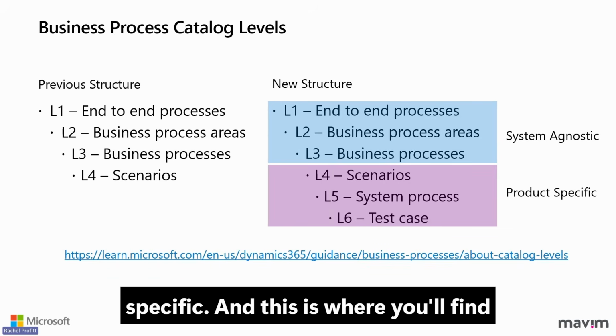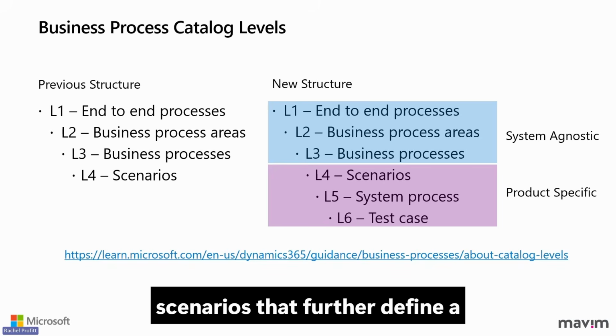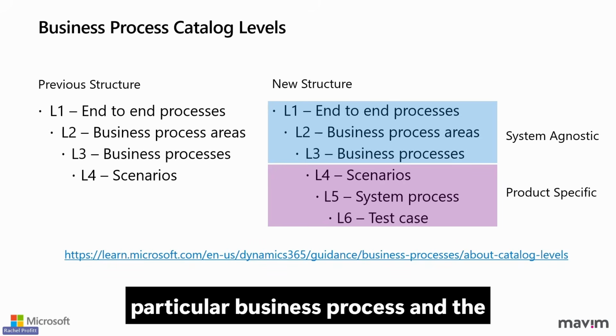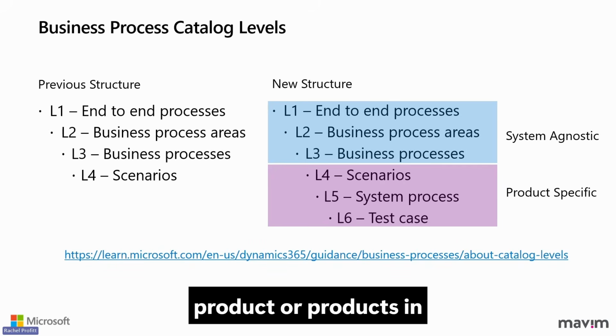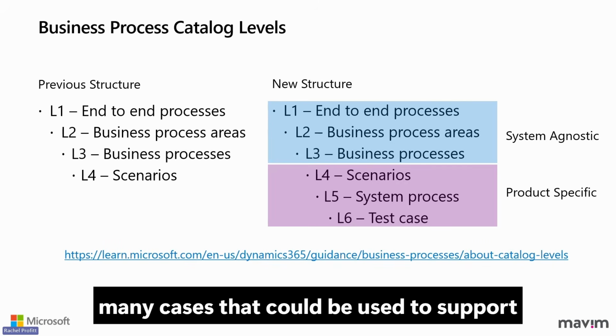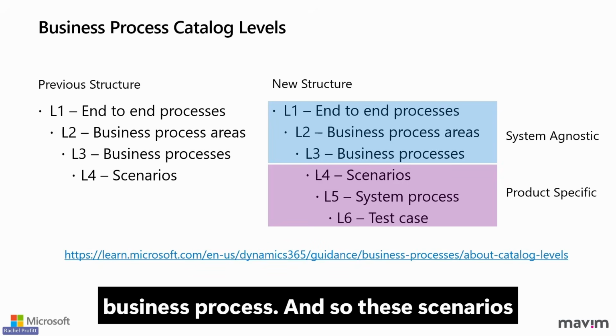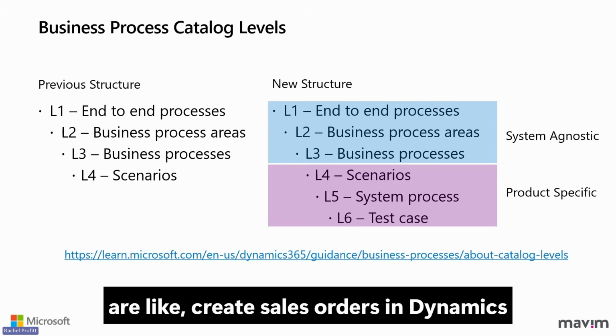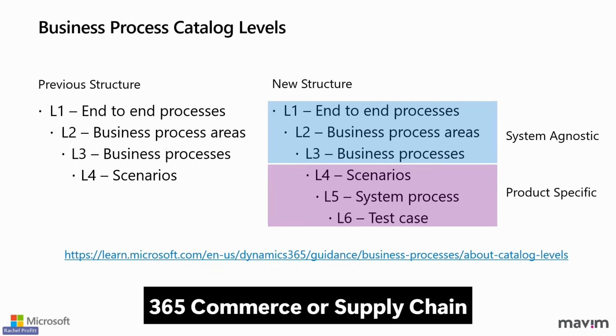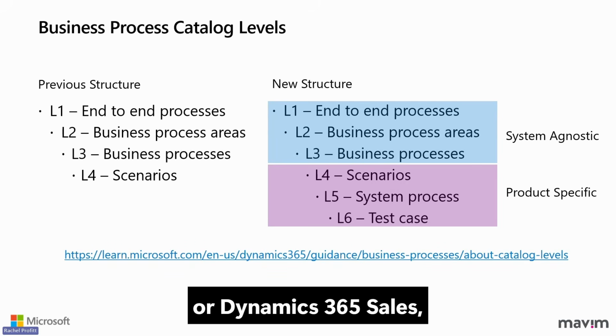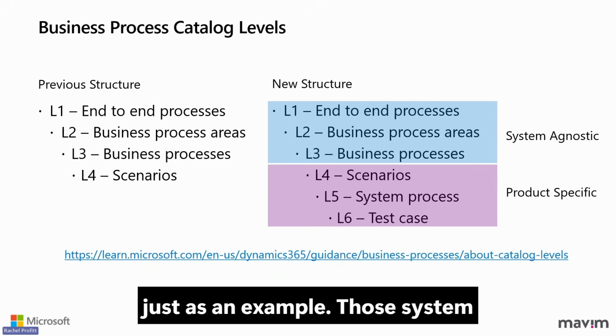And this is where you'll find scenarios that further define a particular business process and the product or products, in many cases, that can be used to support that particular business process. And so these scenarios are like create sales orders in Dynamics 365 Commerce or Supply Chain or Dynamics 365 Sales, just as an example.